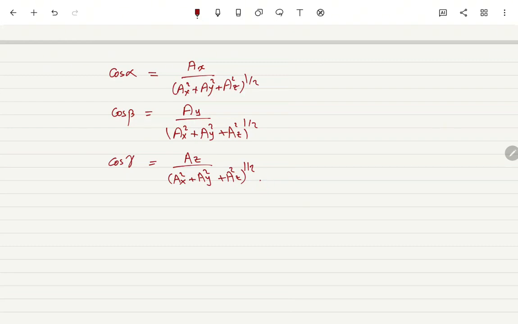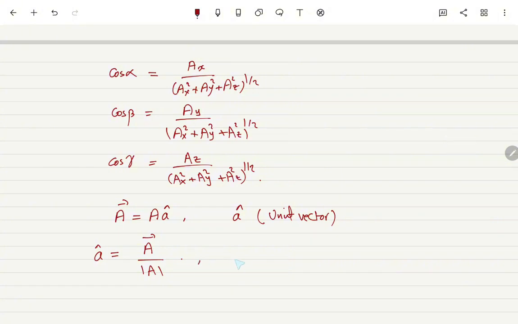Now let's define a unit vector. So vector A is actually equal to A times a hat, and a hat in this case is defined as the unit vector. It's a vector with magnitude 1. It just gives the vector a direction, in such a way that a hat equals the vector over its magnitude.